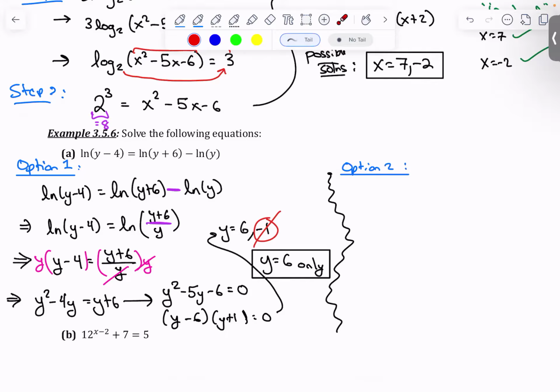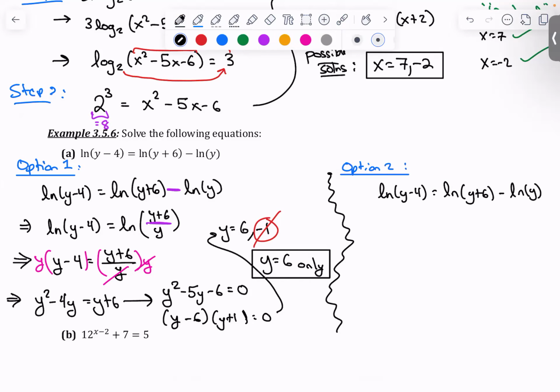Now with option 2, one thing you might notice is that we can always add or subtract things from both sides of an equation. So what we could do is take this natural log of y minus 4 equals natural log of y plus 6 minus natural log of y, and we could add natural log of y to both sides to cancel it on the right.